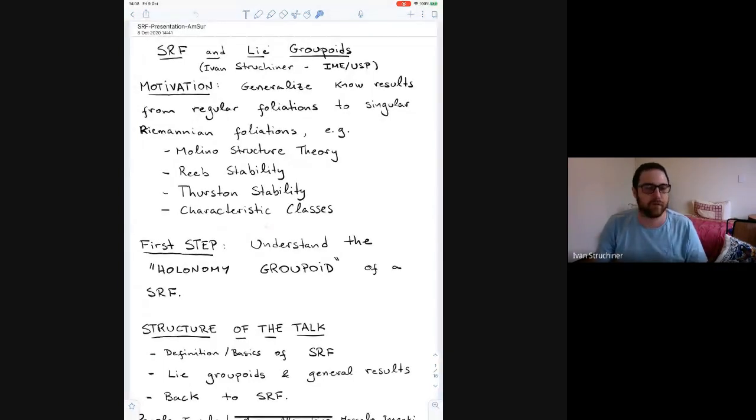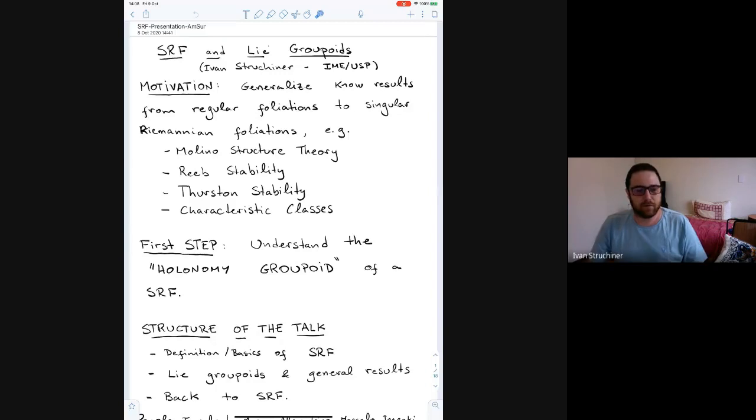There's a huge list of things that you can do once you understand the first step, which is to understand what the Holonomy Groupoid of a singular Riemannian foliation is. So this is mostly the topic of the talk, to try to understand what this Holonomy Groupoid is.